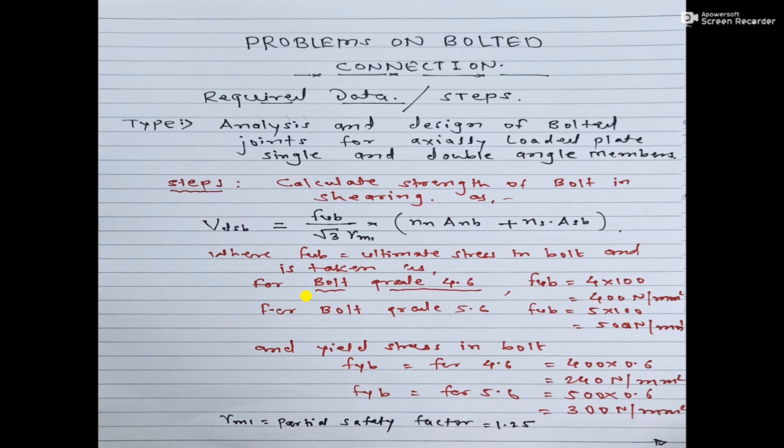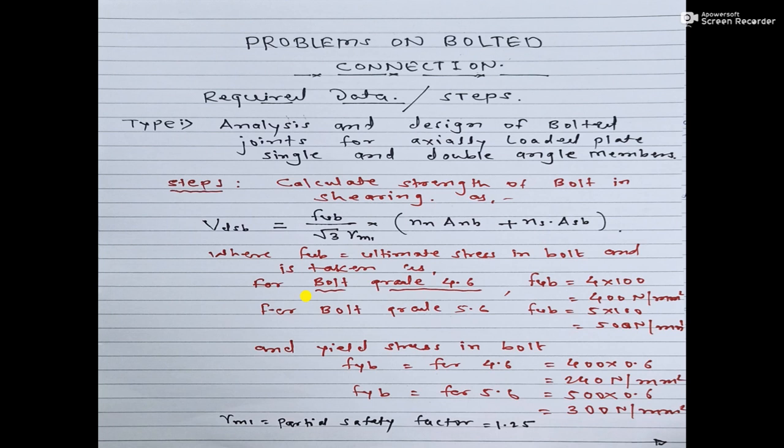Yield stress in bolt for grade 4.6 is 400, the ultimate stress in bolt, into 0.6, that is 240 Newton per mm square. Similarly, for grade 5.6, FYB is equal to 500 into 0.6, that is 300 Newton per mm square. These values are required while solving the problems, so you must remember this. For grade 4.6, FUB is equal to 4 into 100, that is 400 Newton per mm square, which is considered while solving the problems.